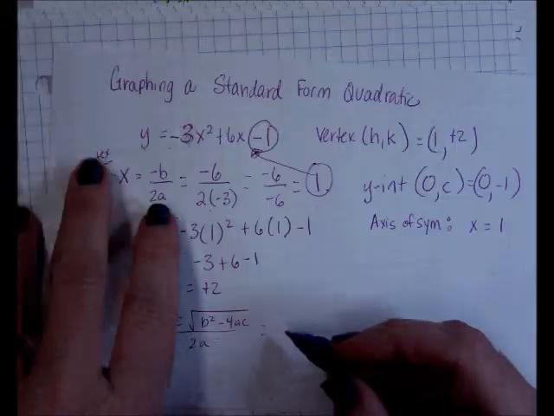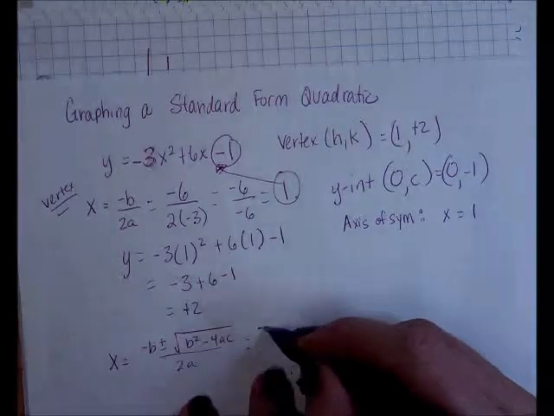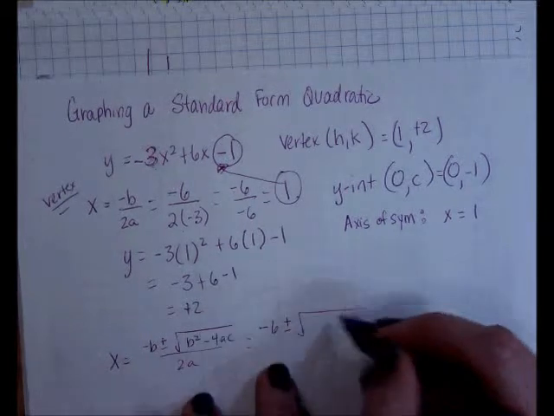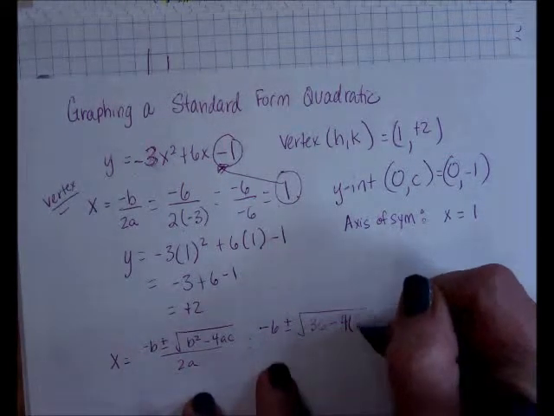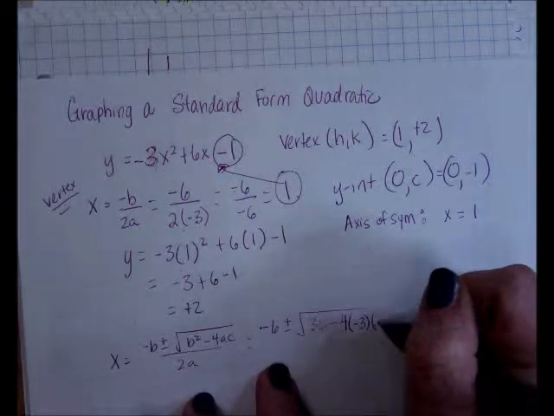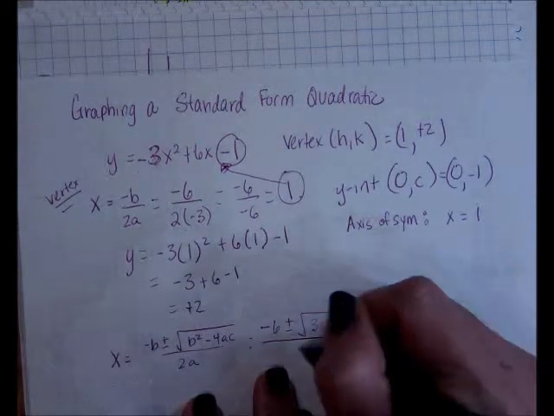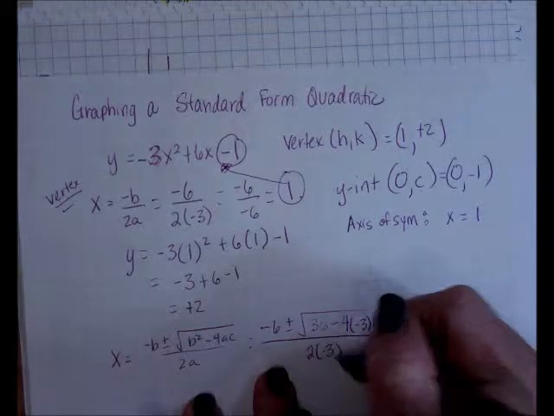In this case, I'm going to plug in 6 for b, plus or minus the square root of 36 minus 4 times negative 3 times negative 1, divided by 2 times negative 3.